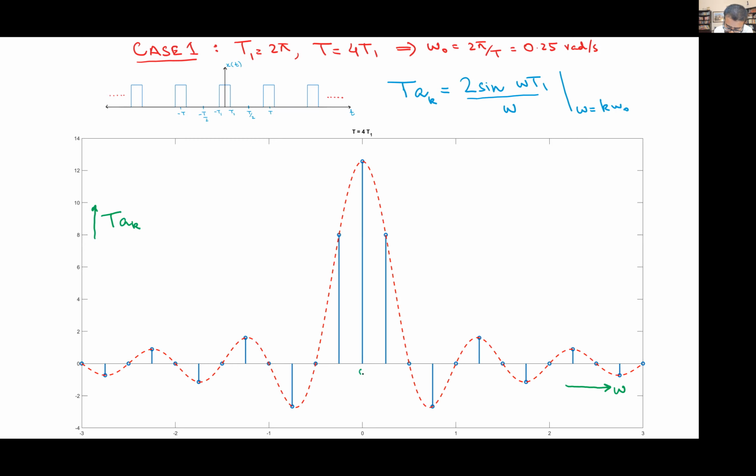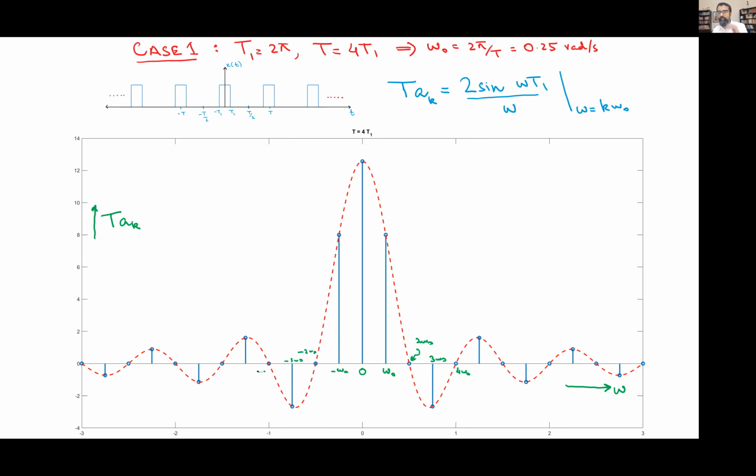This is the frequency 0, this is the frequency omega naught, this is 2 omega naught, similarly 3 omega naught, and 4 omega naught, and so on and so forth. Similarly, this is minus omega naught, minus 2 omega naught, minus 3 omega naught, and so on and so forth.